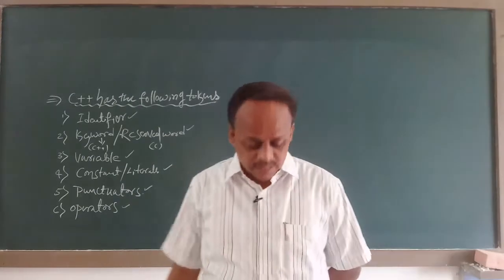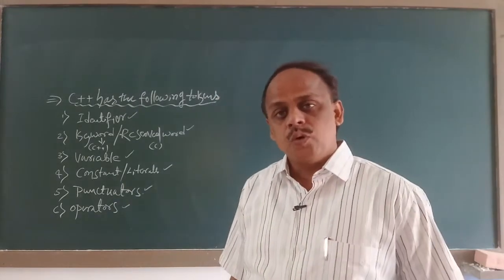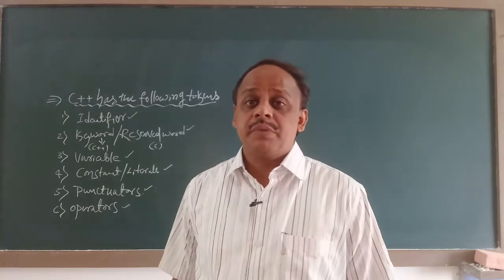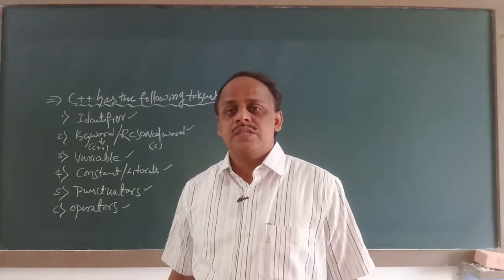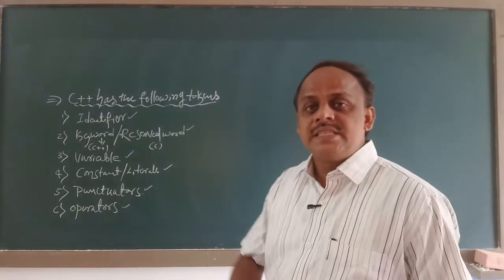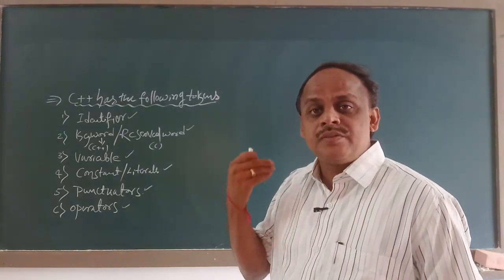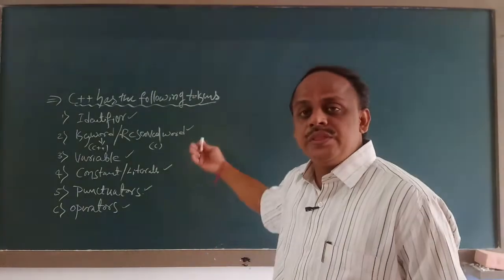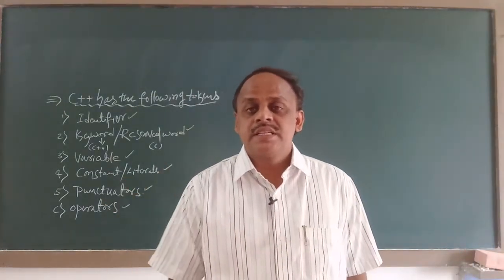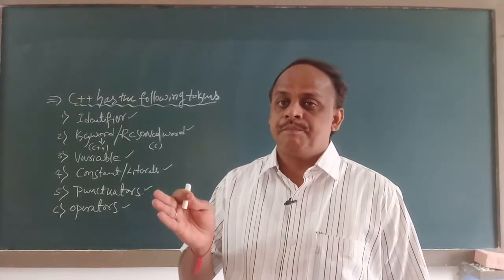So these six are different types of tokens used in C++. Any C++ program is made up of these tokens. Without these basic elements, it is not possible to write a program.